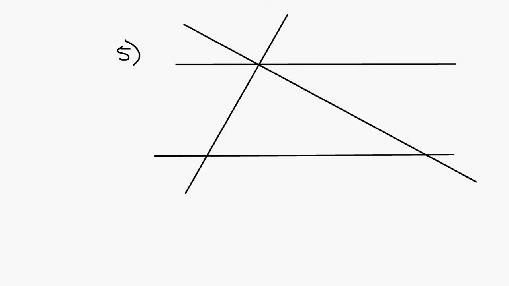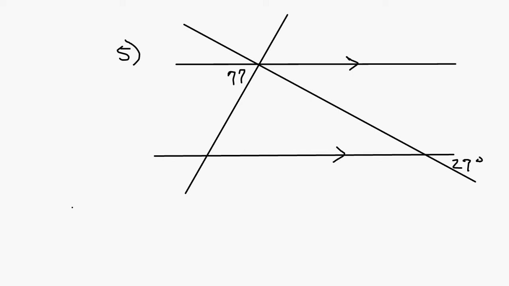Number 5. Got 2 parallel lines and 2 transversals. This angle is 77 degrees. These horizontals are parallel to each other, and this is 27 degrees.